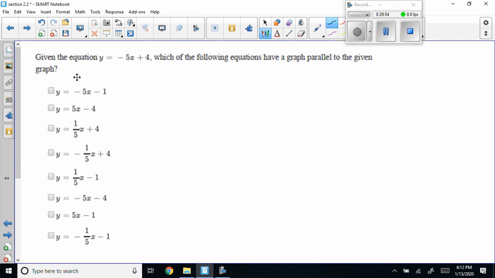Okay, so given the equation y equals -5x plus 4, which of the following equations have a graph parallel to this? What's it gotta have? What are we looking at? Just the slope. So what's the slope of the first one? -5, right?